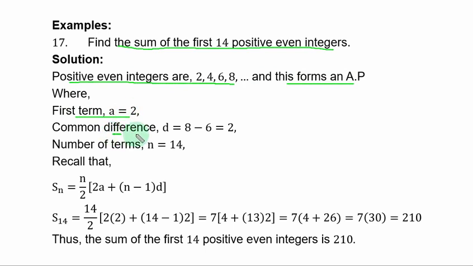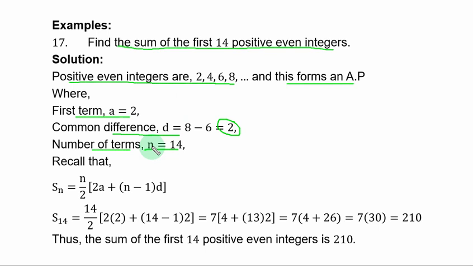The common difference is the fourth term minus the third term, or you can use the third term and second term. You subtract them, you have 2 as the common difference. The number of terms n is equal to 14. You are asked to find the sum of the first 14, so n is equal to 14.